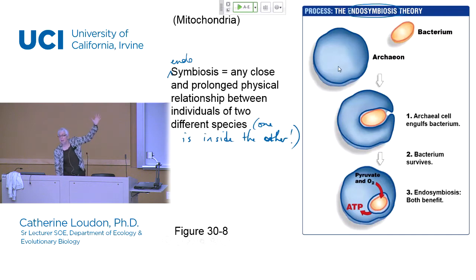If the organism on the left engulfed the bacterium, presumably feeding on it, but in fact, instead of breaking down the bacterium, it ended up surviving, then it is possible that such an association could develop, and this would be maintained, particularly if both members of this association benefited.